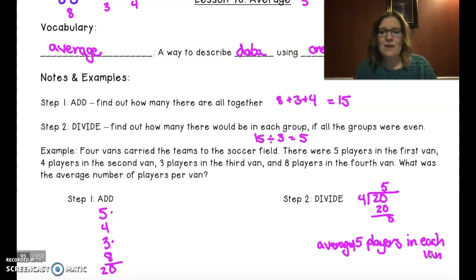I add them all up and it gives me an idea of what the average grade was. Some kids will be above average, some kids will be below average, but it gives me an idea of where my class is as a whole, how they're doing grade-wise.